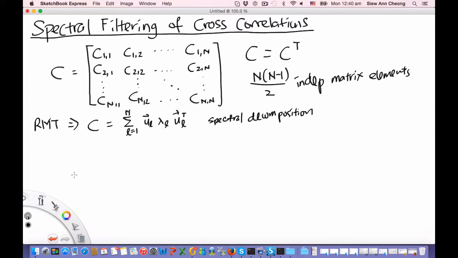And we can make use of this to do filtering. First of all, if we plot the market mode, we find that most of the components are about this level. But if we go to an eigenvector associated with an eigenvalue in the noise part of the spectrum, then we might see something like this.